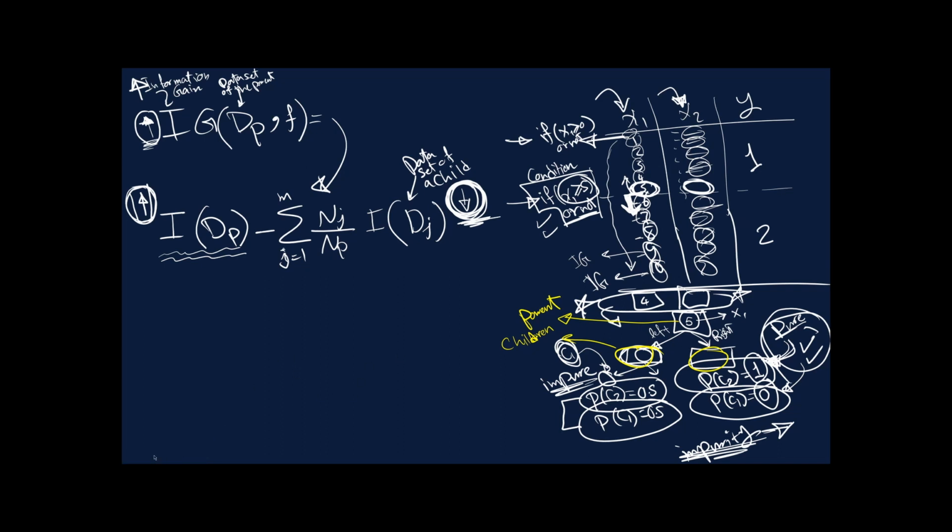So if the impurity of the parent is high, and the impurity of the child is high, will it lead to zero?